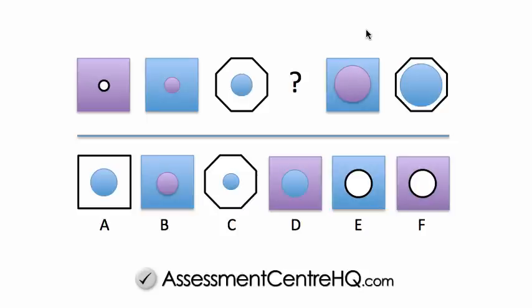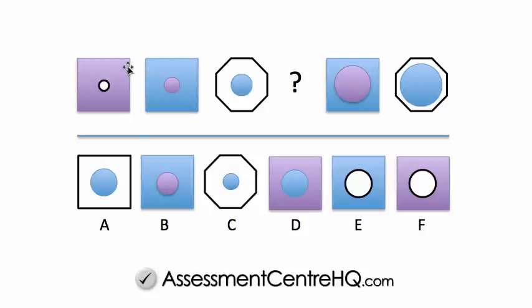That's our first requirement: the inner circle needs to be between these 2 points. Next, the colour of that circle needs to be white, purple, blue, white, purple, blue. So we need a white circle that's bigger than this and smaller than that. If we look down at the bottom, we've only got 2 white circles. So straight away, we know that the answer is going to be E or F.